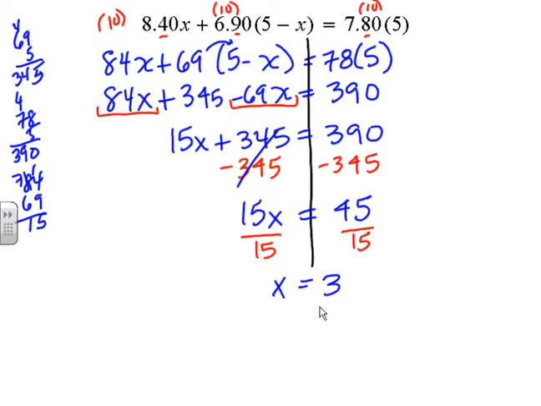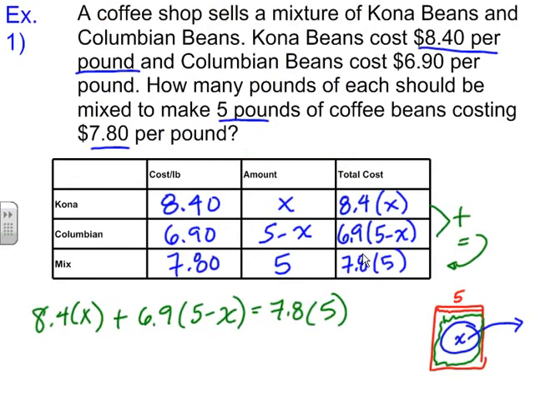Now that's reasonable so far. So let's go back. And we know that x equals 3 so far. Well, if our question is how many of each, we can see where the x is. I need 3 pounds of Kona beans. So I'm going to write that down. 3 pounds of Kona beans.